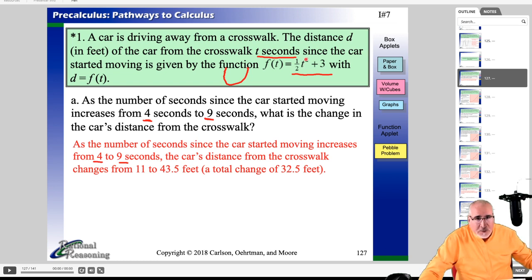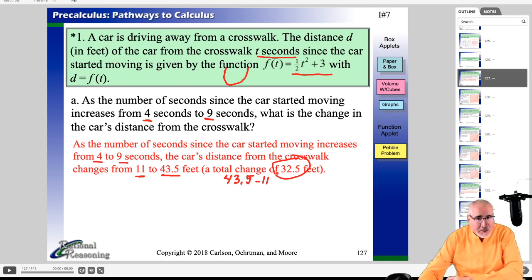If you plug in 4 for t, you would get the distance is 11 feet from the crosswalk, and then you plug in 9 for t in this formula up here, you end up with the answer of 43.5. If you subtract those, 43.5 minus 11, then you get the total change of 32.5 feet.